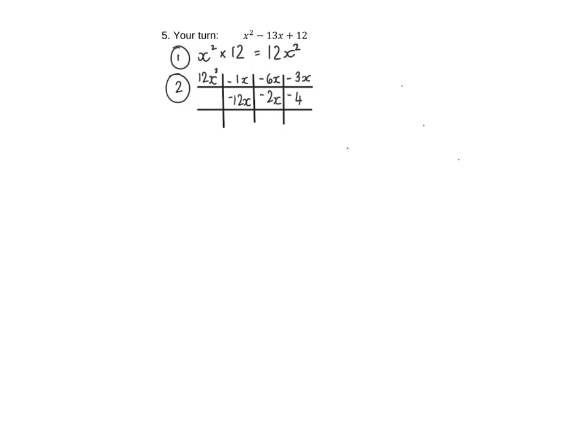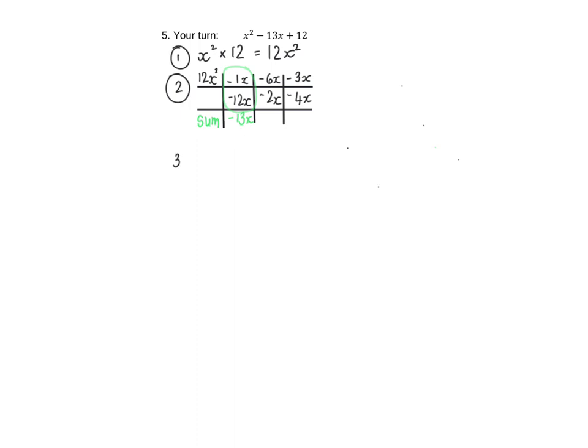Right, now we sum for each of the factors, and negative 1x minus 12x happens to be the first ones that I'm using, and that gives you negative 13x, which happens once again to be my correct middle term value.